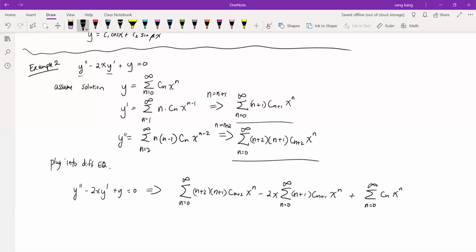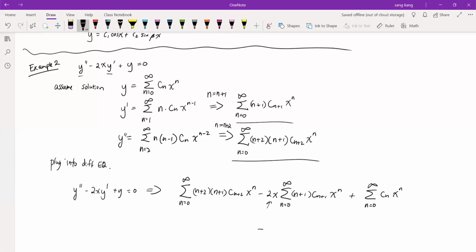So now, as I've said before, the two goals are to make everything in terms of x to the n, which we already did, and second, to match all of the indices. Although they're matching, we have this minus 2x sitting out here. So if we put it inside the sum, what would happen?